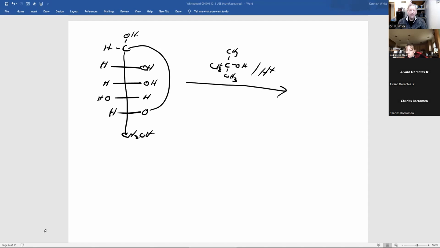All right. If we look at this, this is the cyclic form of glucose. Acetal. This so happens R and R double prime are connected together.